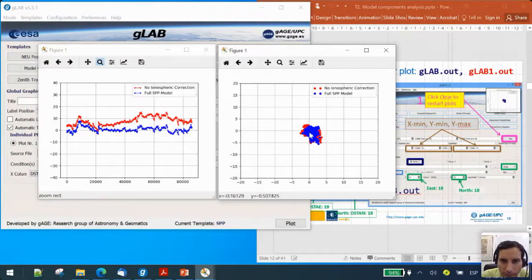And so here we have 24 hours of data. Here also we have 24 hours of data, but before it was with the time, here it is the north error with respect to the east error. Well, east, west, north, south. This depends if it's positive or negative. And I hope you get the idea.